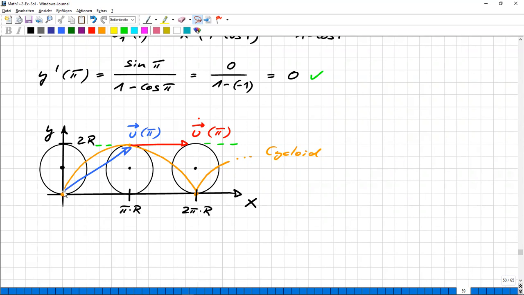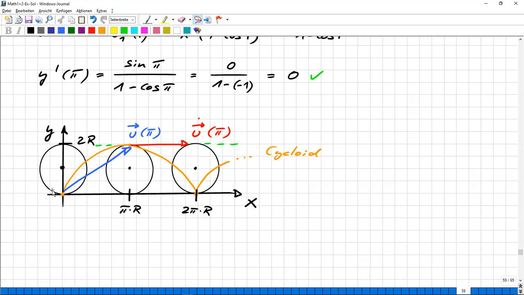The next important issue is this orange dot, a mark which you put on the circumference of this circle at this position, but it's fixed.